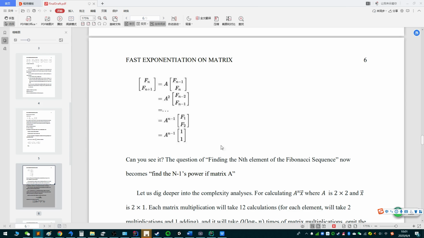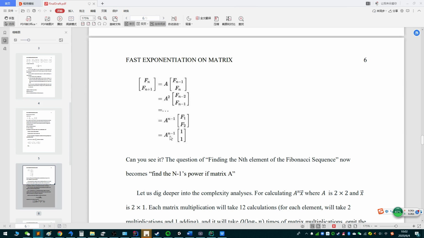Now what can you see? The question of finding the nth element of the Fibonacci sequence becomes a question of how to find the n minus 1 power of a matrix A. If we find A to the n minus 1 power and multiply the vector of 1, 1, we can have fn and fn plus 1, and we take the first row, that's the nth element of the Fibonacci sequence.